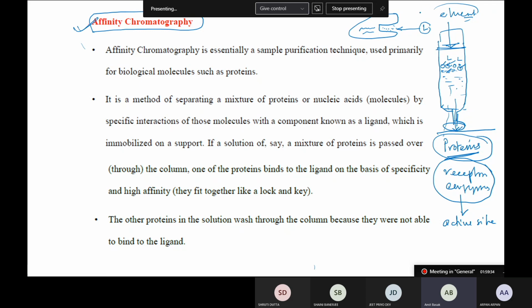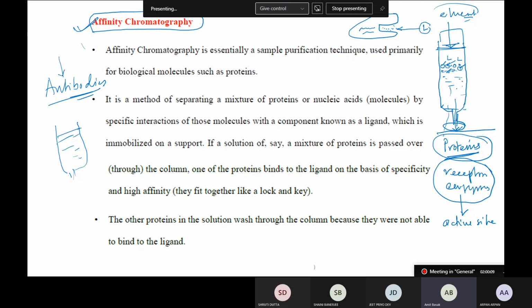This L can be of different types. You know what is an antibody? What are antibodies? When a foreign molecule enters, we generate antibodies, which are actually proteins. Okay, so if you want to isolate antibodies from a mixture, the reverse one, what do you do?